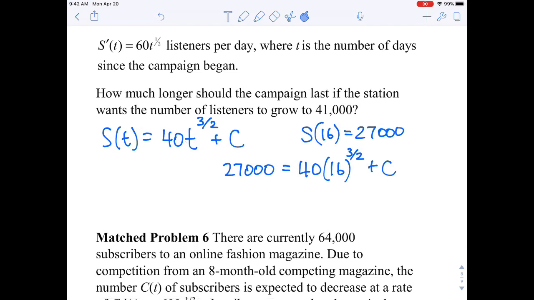And doing the math here, you get C equals 24,440.